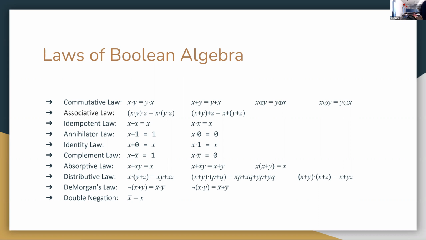That's in your regular math, and that is very similar here in Boolean algebra. And this too, if you look at this as a regular math expression, x plus y times p plus q, it would be x times p plus x times q plus y times p plus y times q. That would be the regular math.